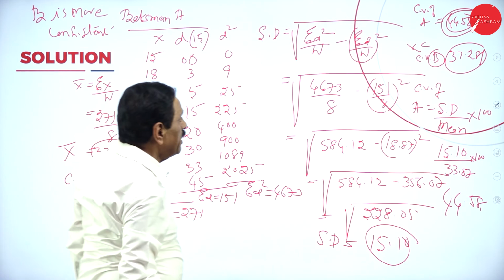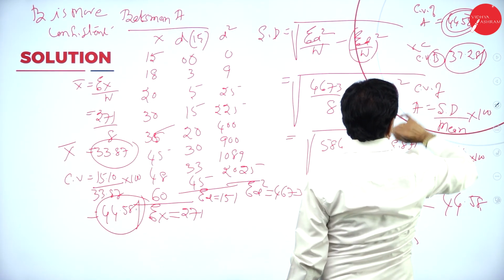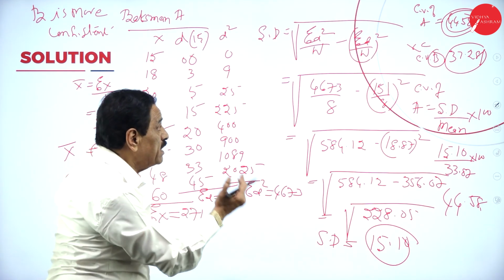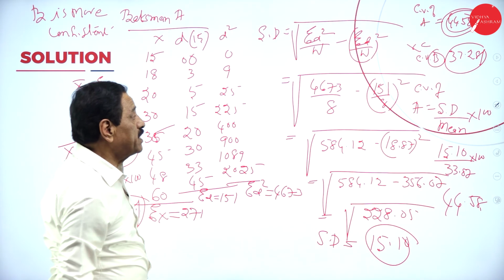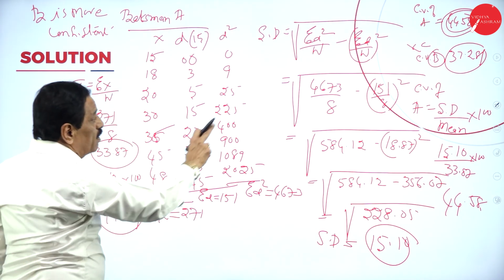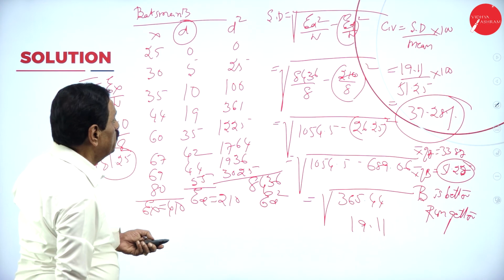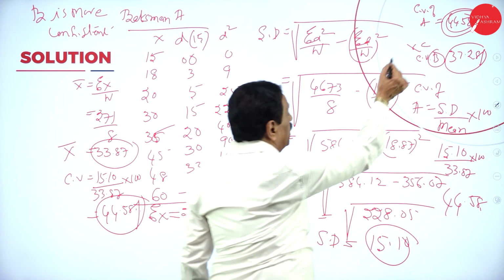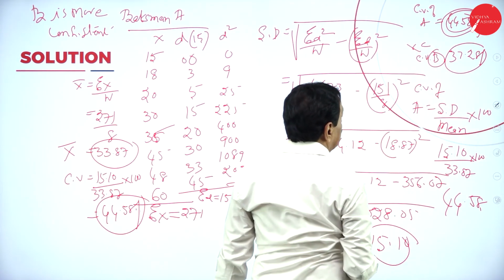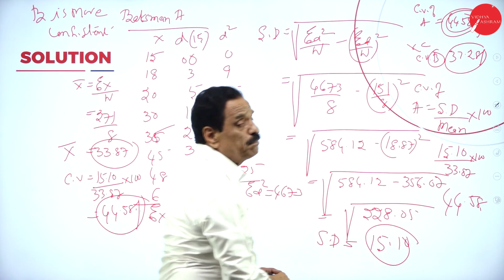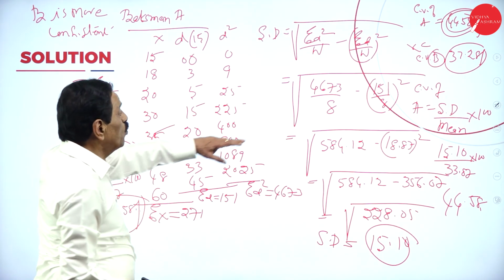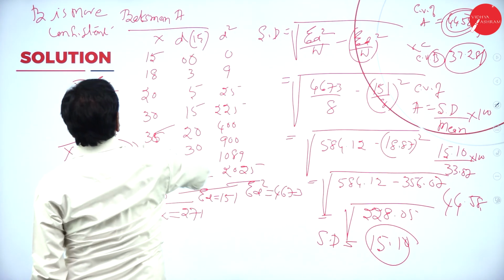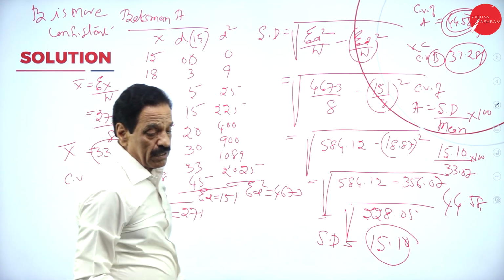CV of B is 37.28, CV of A is 44.58. Whose CV is less? B's CV is less than A. Who is more consistent? B is more consistent when compared to A. CV of A is 44.58%, CV of B is 37.28%. So whose CV is less? B. I think you follow.